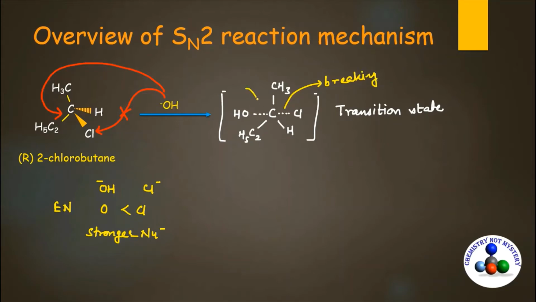And I have drawn a dotted line between OH and carbon also because this bond is forming. It is not formed yet. So after the breaking of carbon and Cl bond and forming of OH and carbon bond, you will get your product.